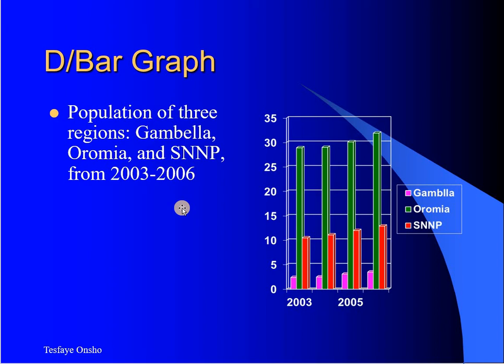This is fake data, so don't take it as real. But these are regions in Ethiopia where I came from. If your listeners or watchers are from another country, we can organize our information like that to make it visually appealing, and then we can remember it as well.